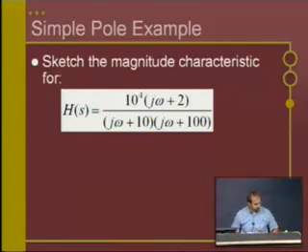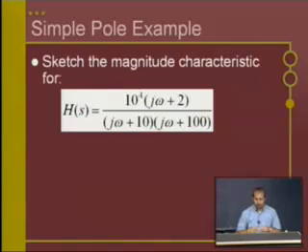Essentially, the first thing we should be doing is putting this into, well, this is actually already out of the canonical form and into a form that's a little easier to deal with, because it makes it very straightforward to see the zero and pole frequencies.